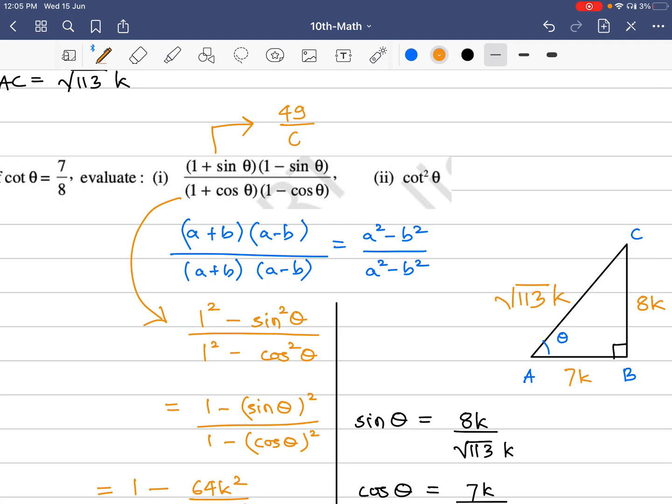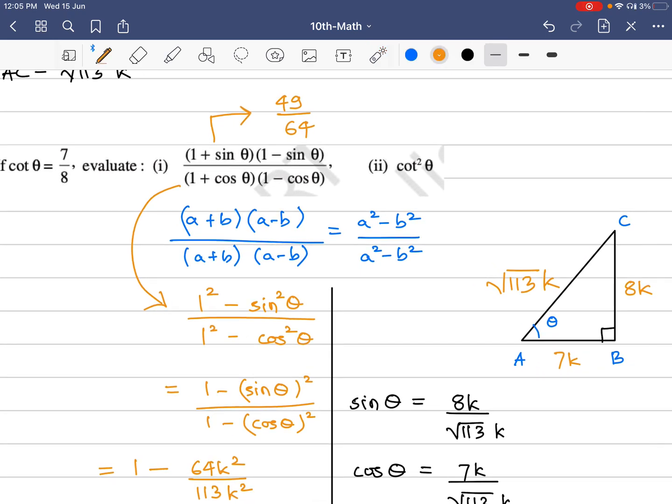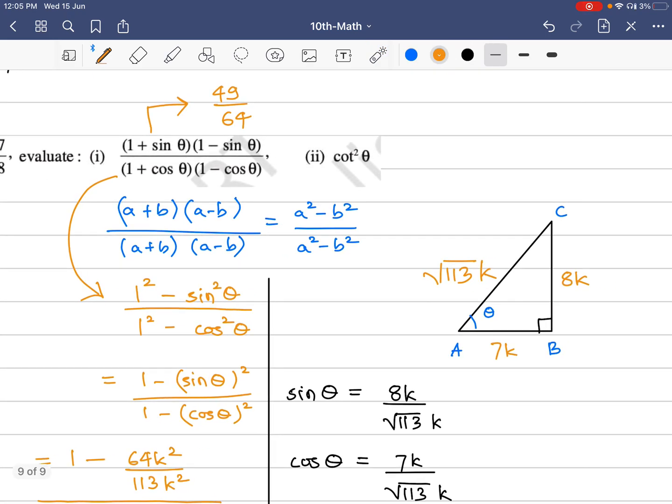49 by 64. Now the next thing is they're asking us to find cot square theta. Cot theta is already given to us as 7 by 8. So cot square theta is nothing but the square of this expression. In fact, cot square theta is equivalent to cot of theta the whole square.